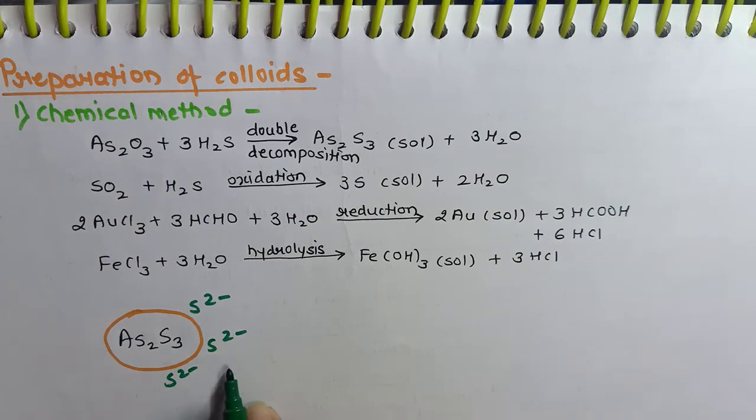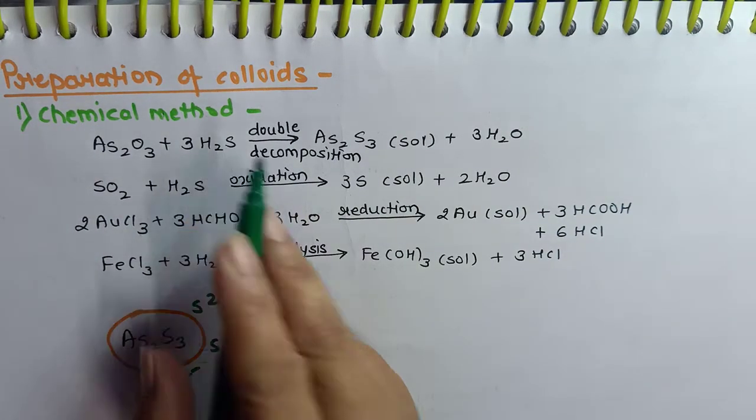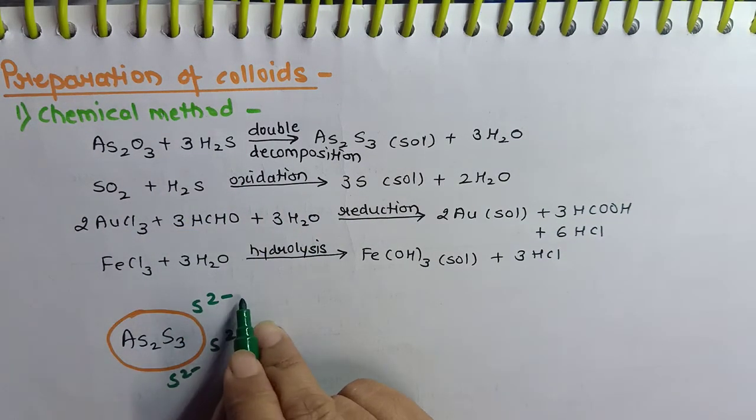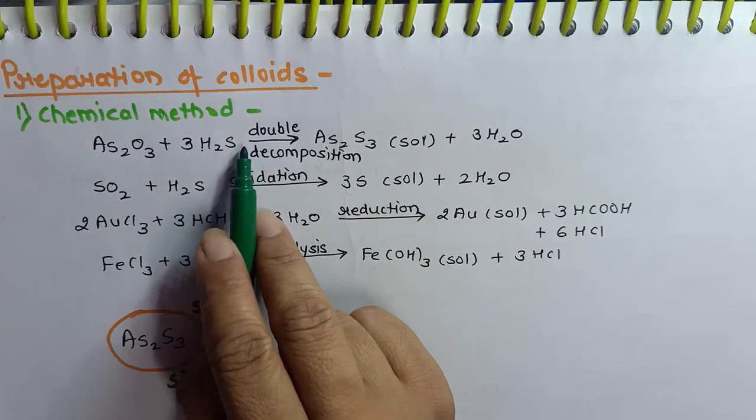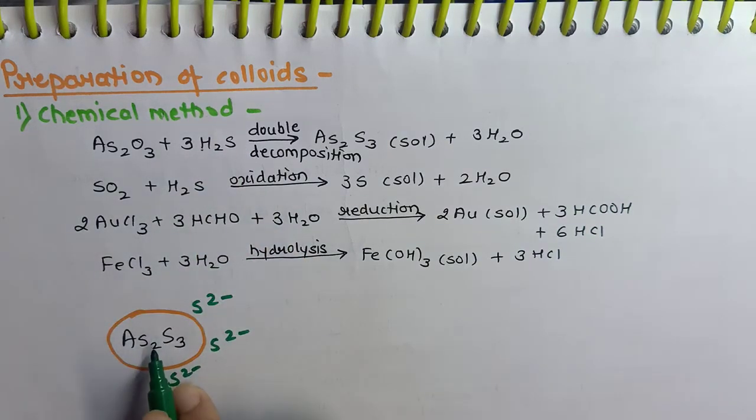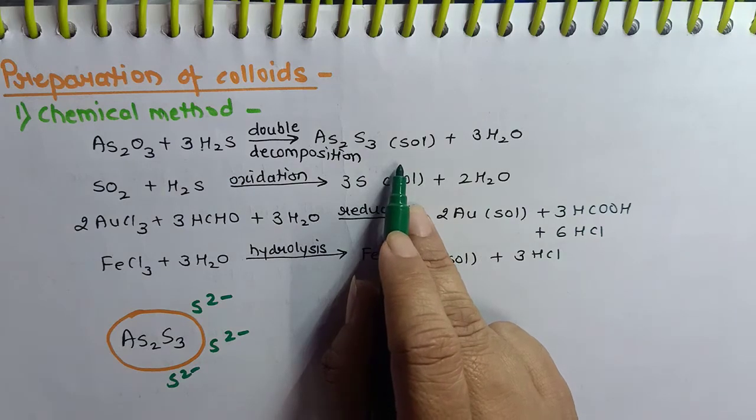Now from where will S2 minus come? From H2S. So there will be some S2 minus ions in H2S. They will be adsorbed on the precipitate of As2S3, arsenic sulfide. As there will be charges on the precipitate, it will be converted into sol.